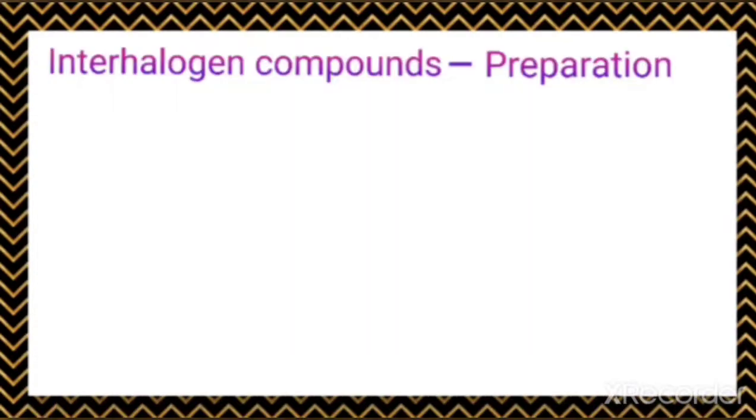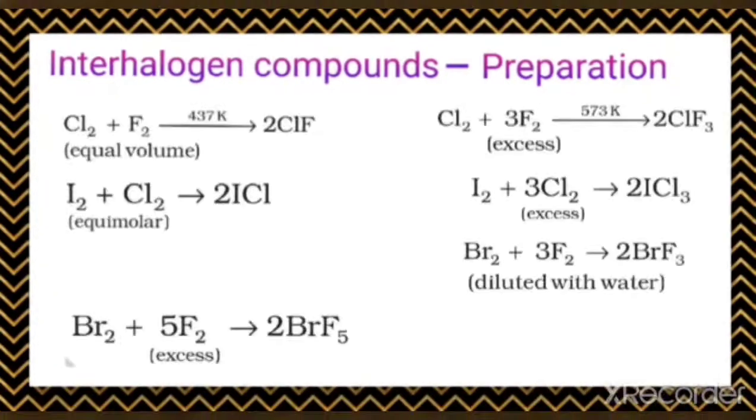Now let us discuss the preparation of interhalogen compounds. Interhalogen compounds can be prepared by the direct combination of different halogens, like chlorine and fluorine, when taken in equal volume at a temperature of 437 Kelvin. It gives rise to ClF, an interhalogen compound between chlorine and fluorine. How do we name this one?